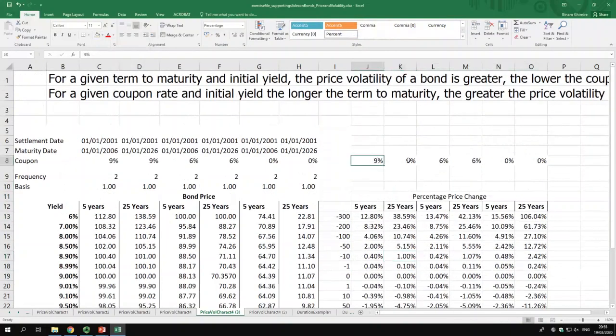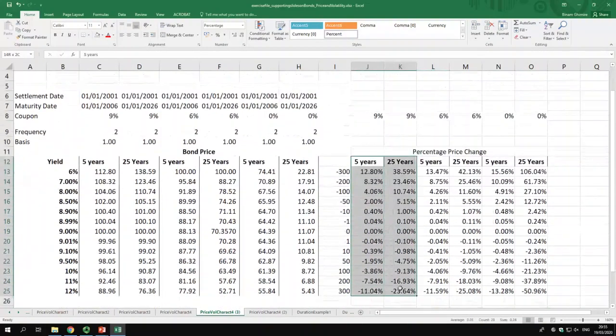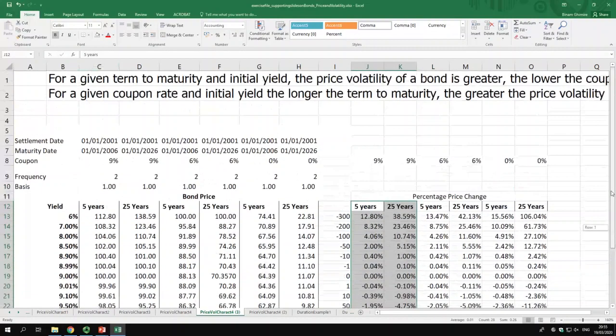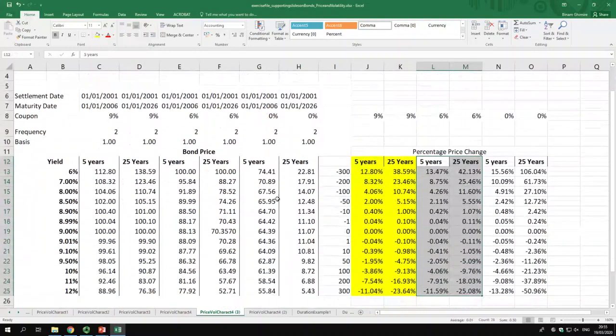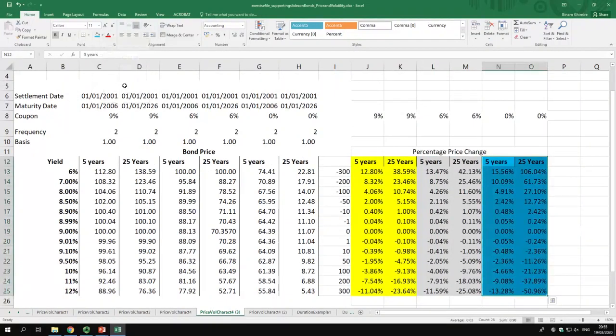So they got 9 and 9, 6 and 6, 0 and 0. So I can highlight the time to maturity, which is 5 and 25, which has the same coupon rate. I'm going to put it a color yellow, and this one, let's say a color gray, and the final one, let's take it blue.